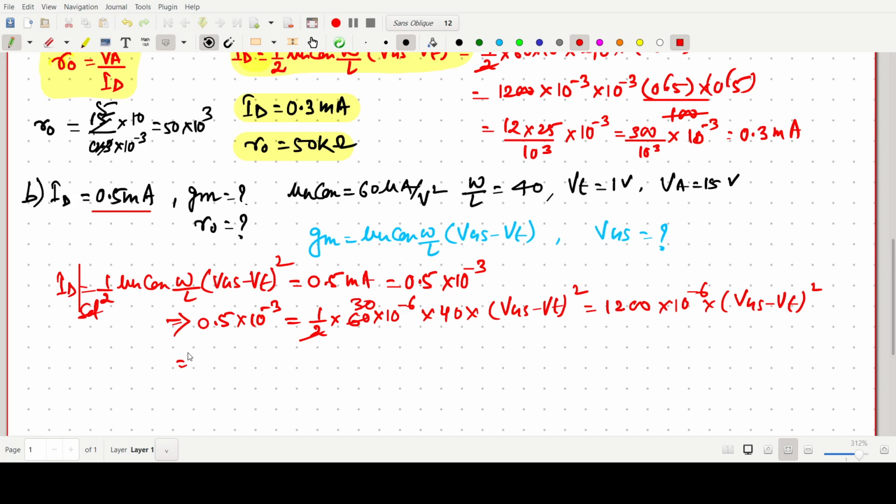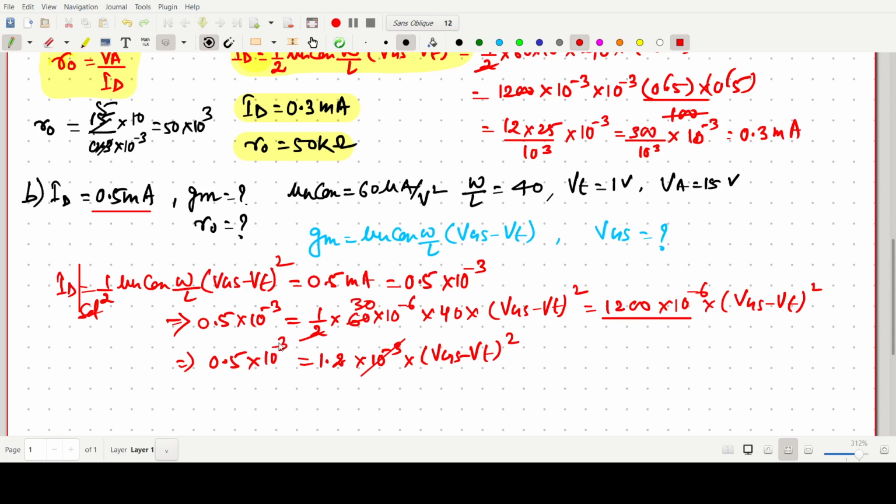Okay, now we will go for more simplification. So 0.5 milli. Now one can write 1200 as 1.2 into 10 to the power minus 3, because of 10 to the power minus 3, so the 1000 will come down. So for these two one can write 1.2 into 10 to the power minus 3 into VGS minus VT whole square.